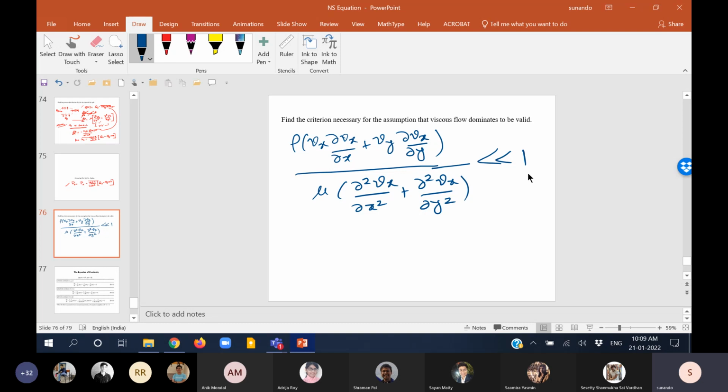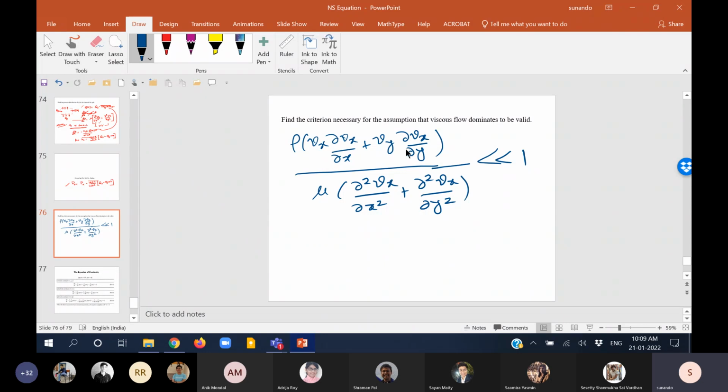The numerator is essentially the convective momentum transfer. The denominator is the momentum transfer due to diffusion, and only when this ratio is quite small with respect to one, you'd be able to say that this is going to be zero.